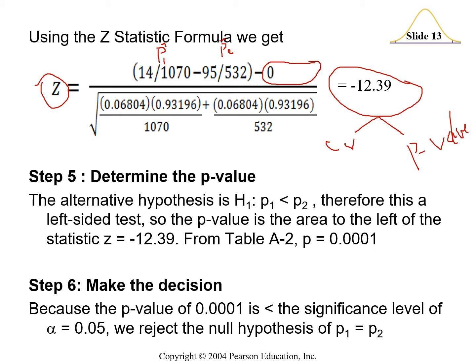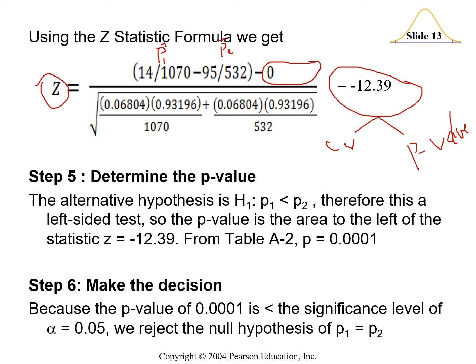The alternative hypothesis, P1 is less than P2, therefore it is a left-sided test. So when we have a left-sided test, the P value is the area to the left of the test statistic. And the test statistic is calculated to be minus 12, which is a very, very extreme value.